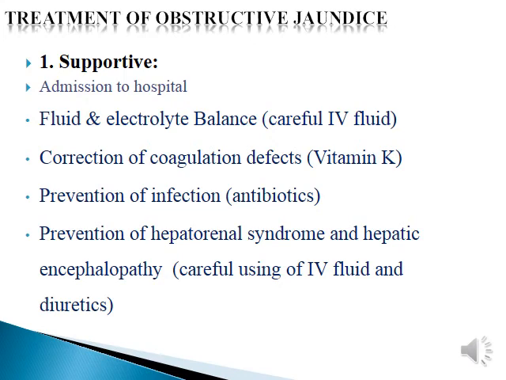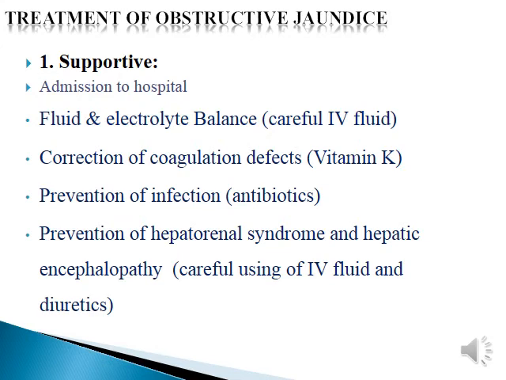In this slide, I will speak about the treatment of obstructive jaundice, which consists of two parts. Part 1, supportive treatment, which includes admission of the patient to the hospital, plus fluid and electrolyte balance, giving careful IV fluid, and correction of coagulation defects by giving vitamin K. We usually use 10 milligrams of vitamin K intramuscularly.